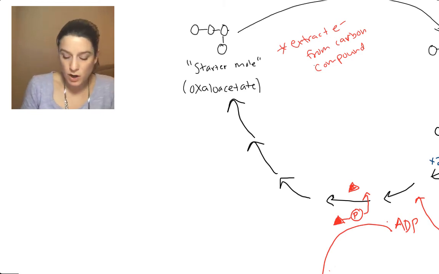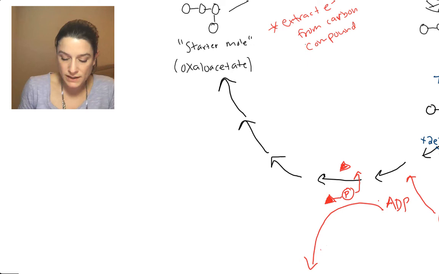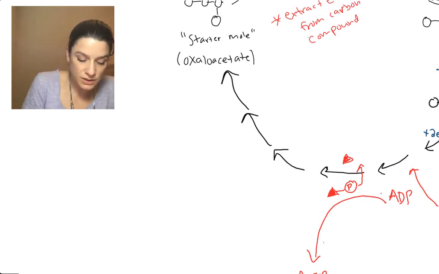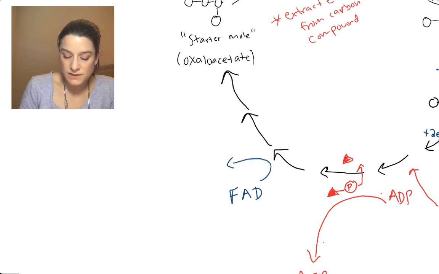We don't break off any more carbons, but we do extract some more electrons by breaking bonds to rearrange. So one of those extractions is a related molecule to NADP or NAD+, so FAD. So FAD can pick up some electrons too, 2 of them, and it ends up being FADH2.